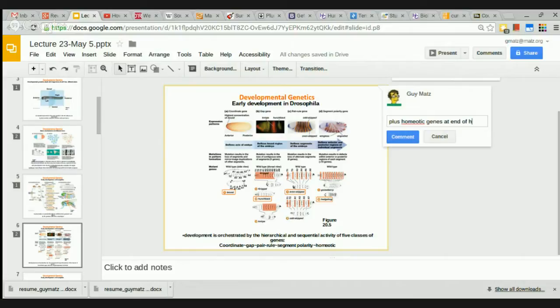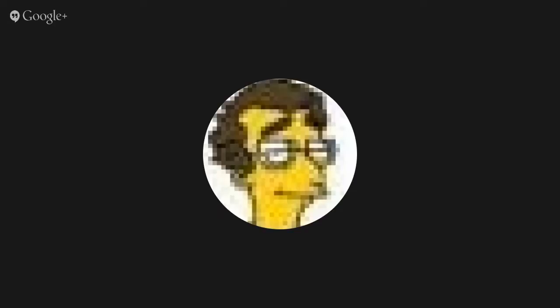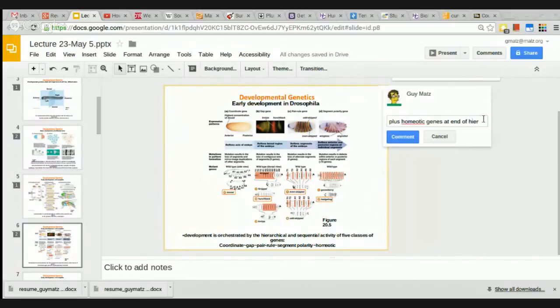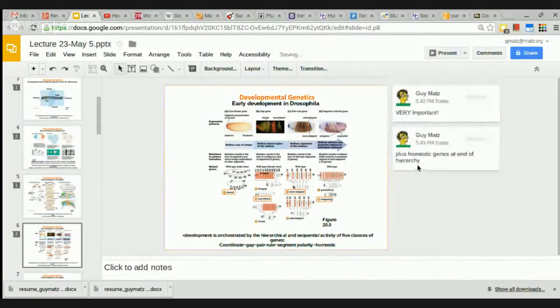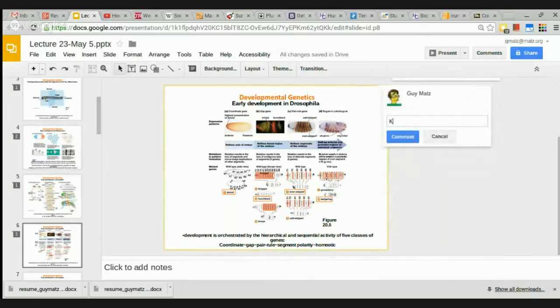You have an example for each of these genes. I would retain the ones that I have circled: bicoid, hunchback, even-skipped, and hedgehog. The rest, don't even worry about it, but I want one of each. I'll tell you about homeotic genes later on.